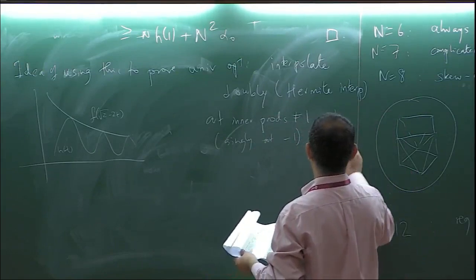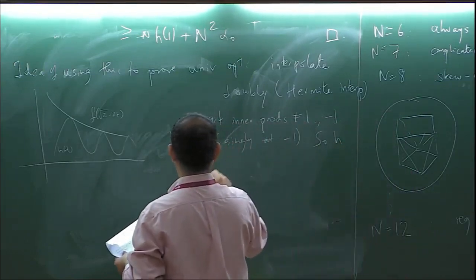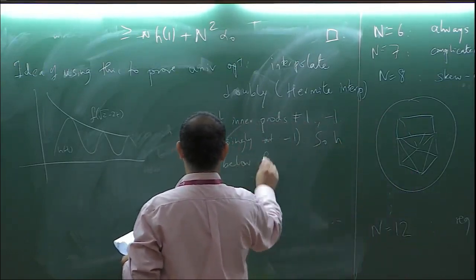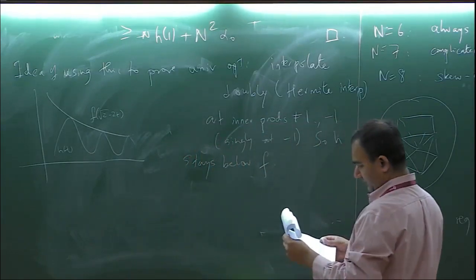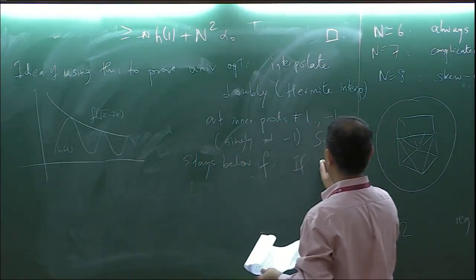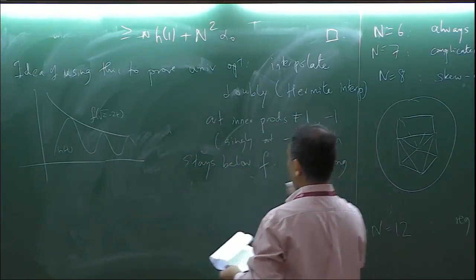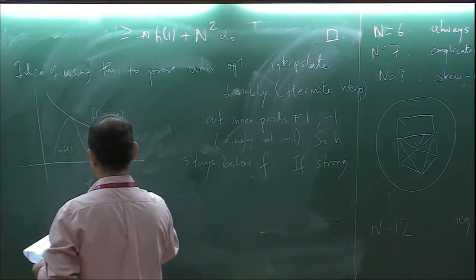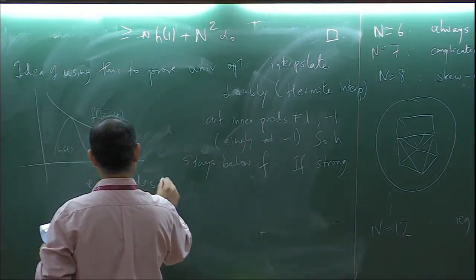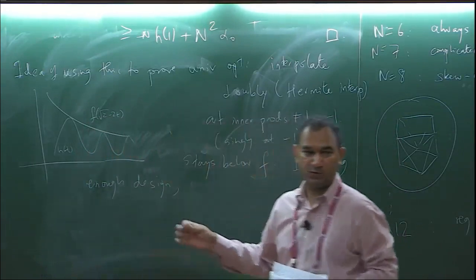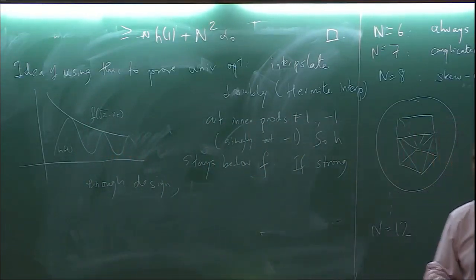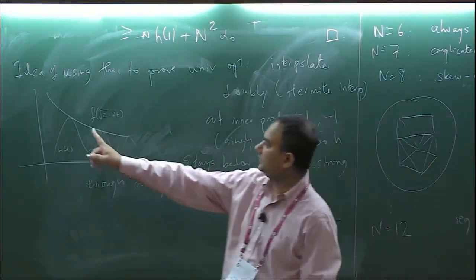So this means h stays below f. So that's good. And the point is, if it's a strong enough design, then the degree of the polynomial you need to interpolate. What is the degree of the polynomial you need to interpolate?